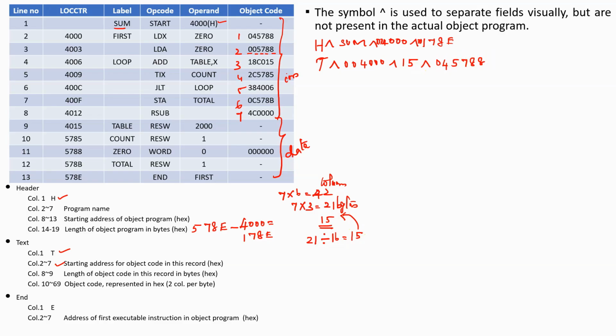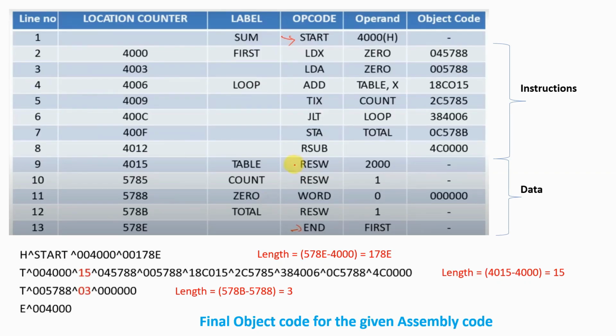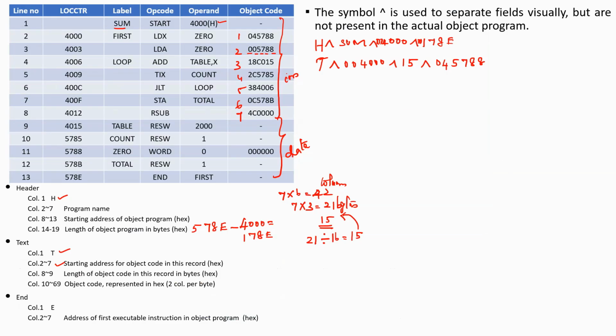Then you write all the object codes: 045788. Everything is separated with a symbol. Then 005788, then 18C015. Like that you write all 7 object codes, which are the object codes of the instructions.